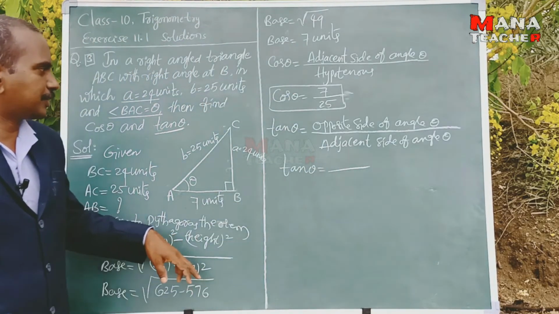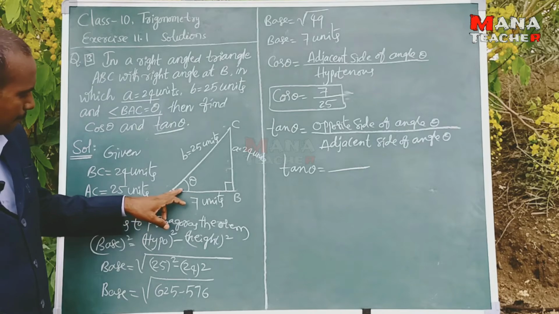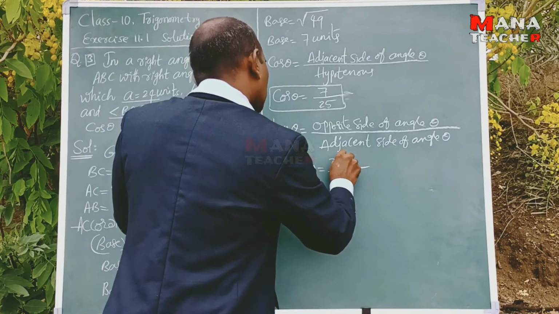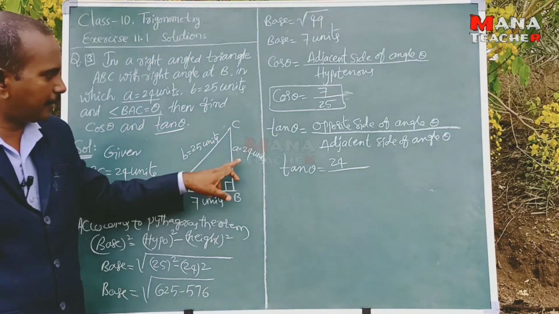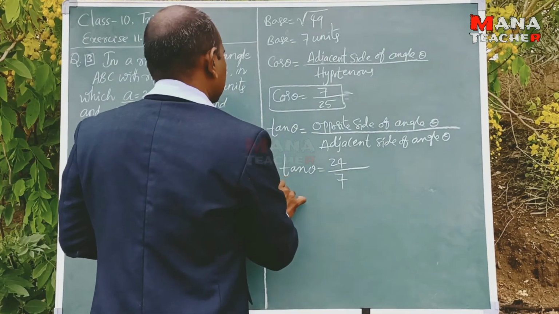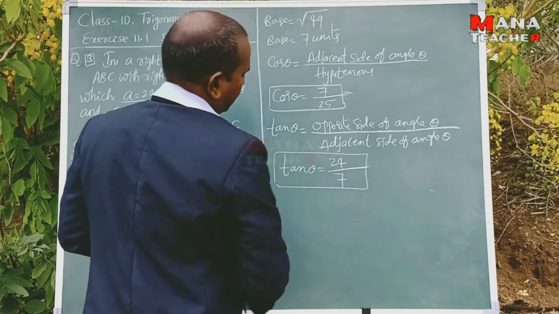In this one, which is the opposite side of the angle here? This is opposite, 24 units, by adjacent, 7 units. So, this is tan theta.